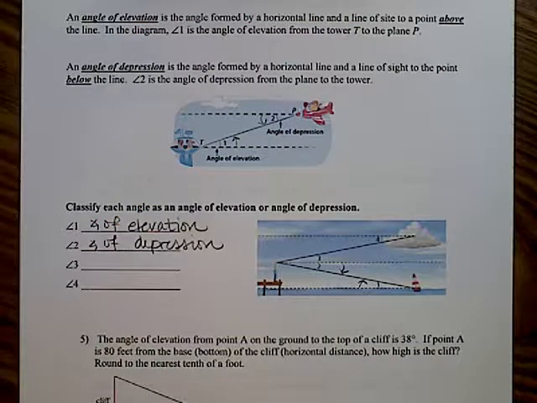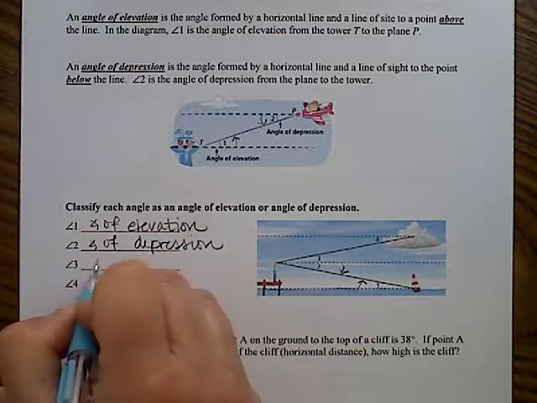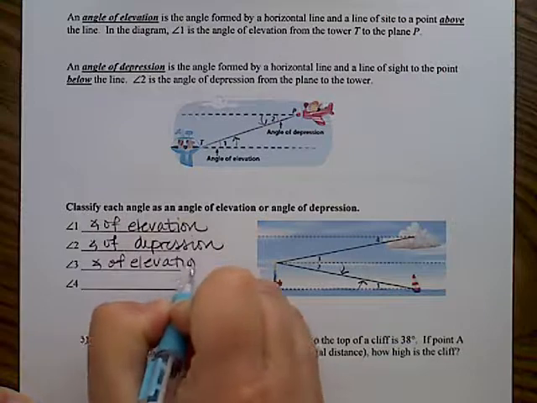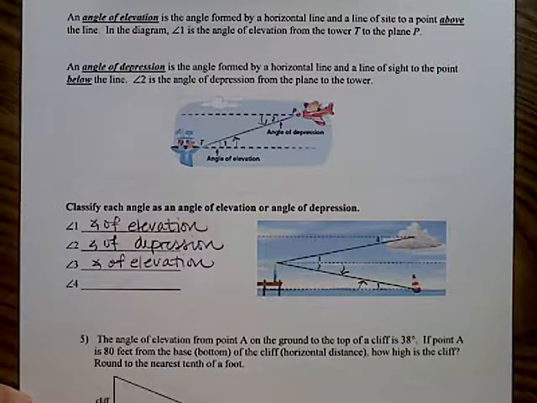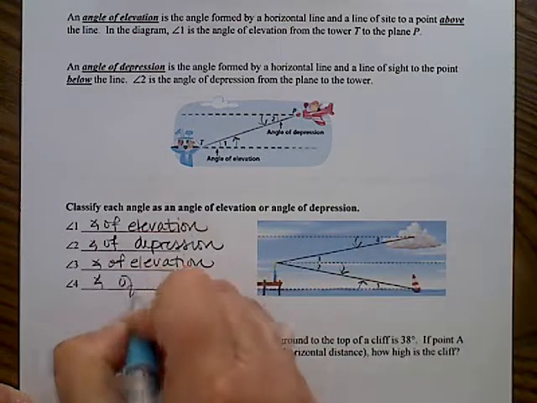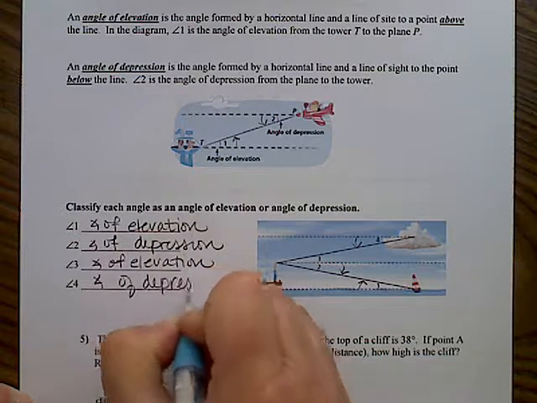What about example number 3? Good. That would be an angle of elevation. And what about example number 4? Good. That's going to be an angle of depression.